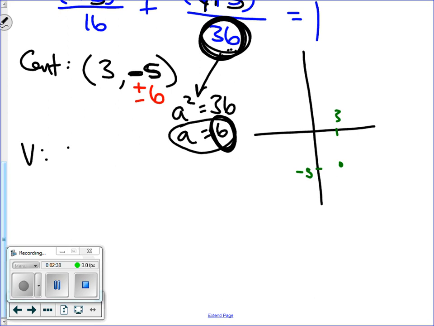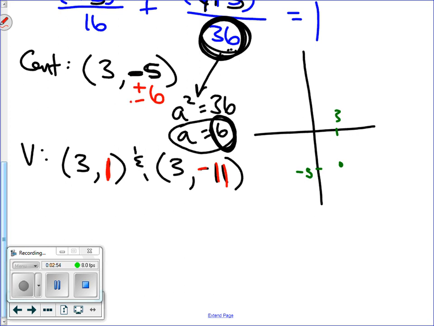So the vertices are at 3, 1, and 3, -11. I get these numbers, oops, I dropped the marker. I'm picking it up. Sorry. These numbers come from these calculations. -5 plus 6 is 1. -5 minus 6 is -11.